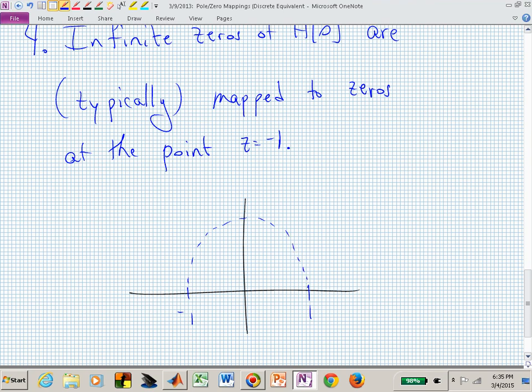That's supposed to be the top half of the unit circle. This is the z-plane. And if we looked at z equal to e to the sT, and we wanted to look at the frequency response, we would replace s with j omega.